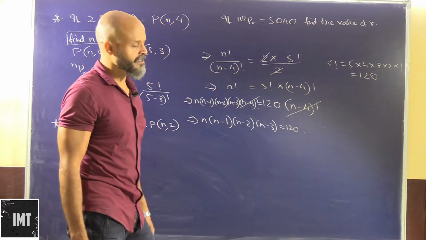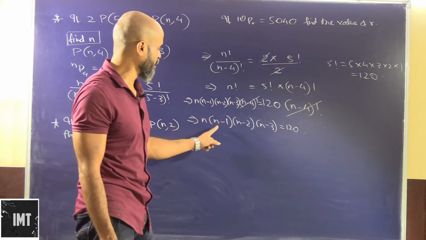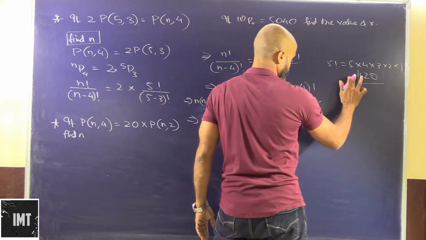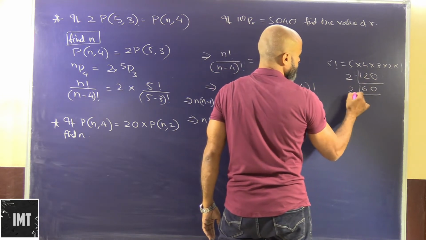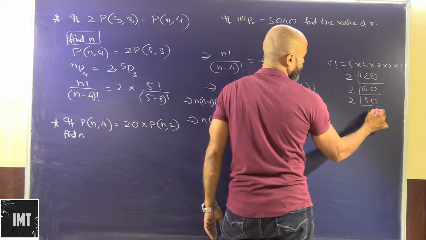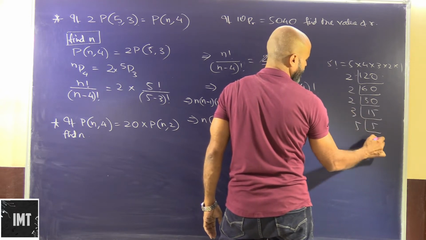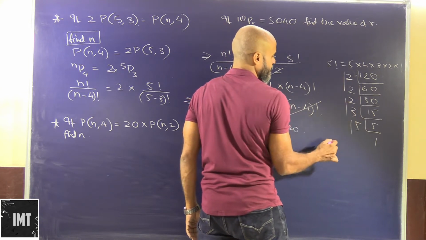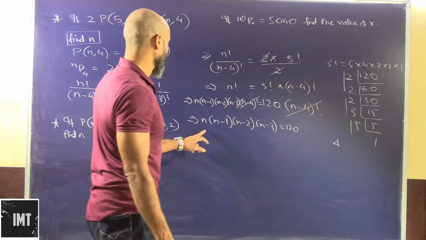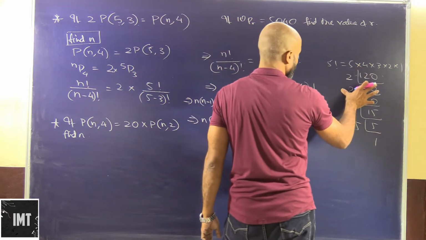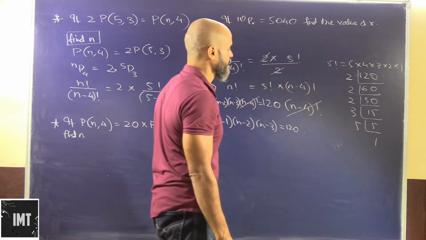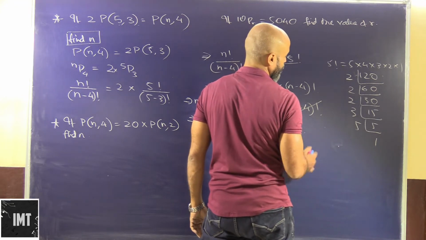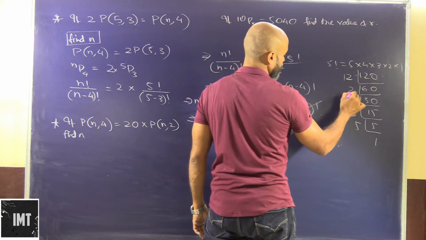Factorize this 120 instead of taking out the entire thing, n into n minus 1, which will go to the 4th power of n. Let's factorize 120. We need to have 4 numbers here, so let's put this combination up: 2, 3, 4, 5.